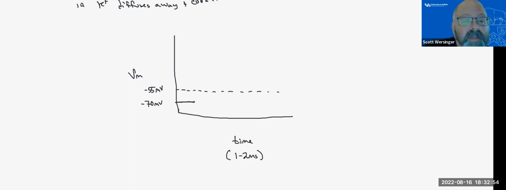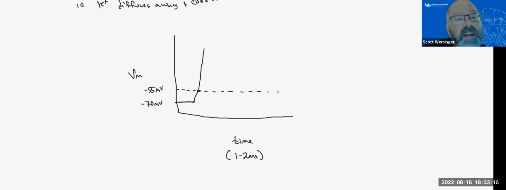That EPSP is going to depolarize my membrane potential. If we hit threshold, first, voltage gated sodium channels open. Those open channels allow sodium to flow in really fast. So I get a massive depolarization.